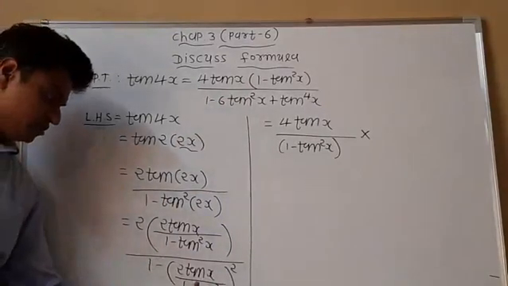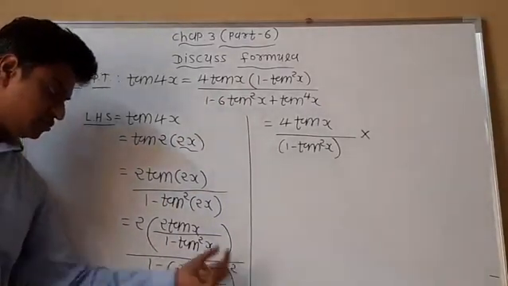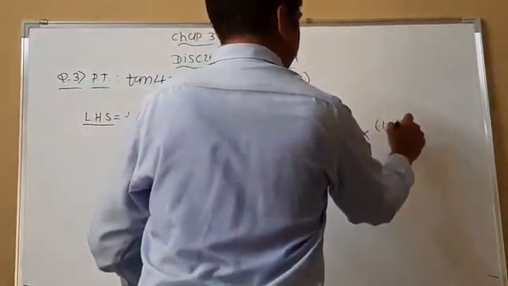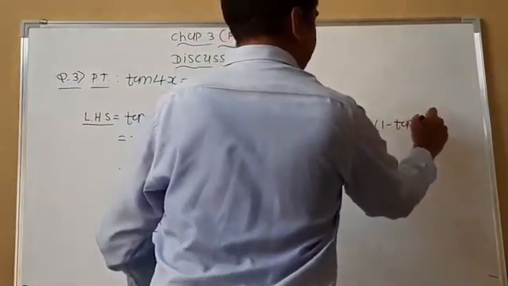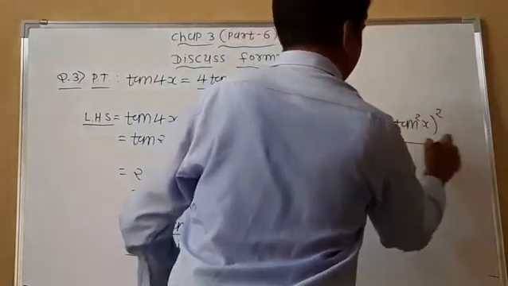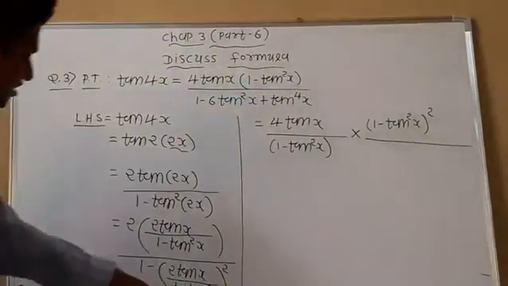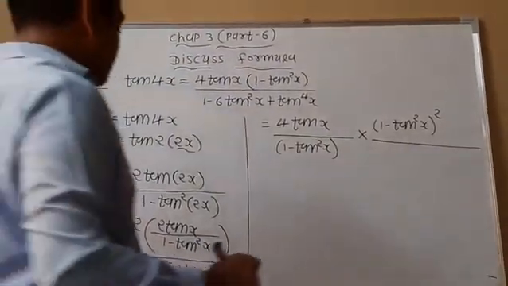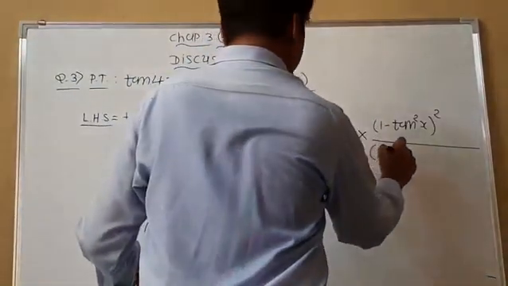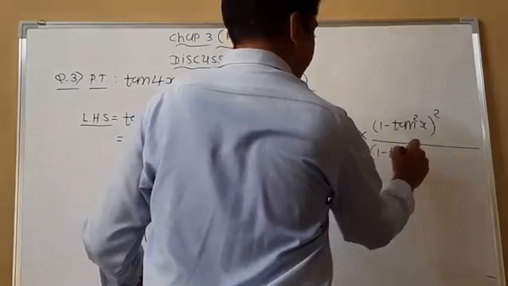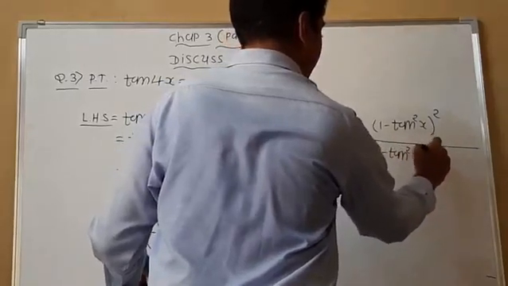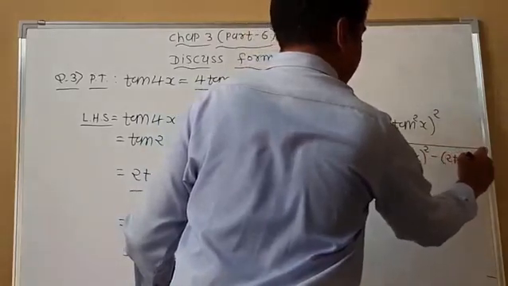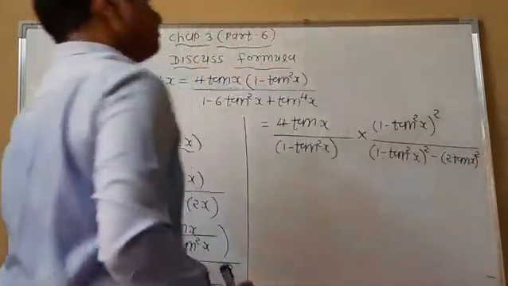So here denominator term (1 − tan²x) whole square, so here written (1 − tan²x) whole square upon. Now here we can take LCM but whole square form is present, so (1 − tan²x) whole square minus (2tan x) whole square.